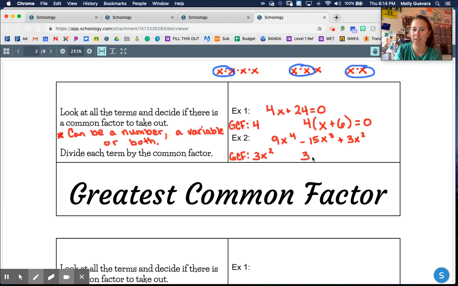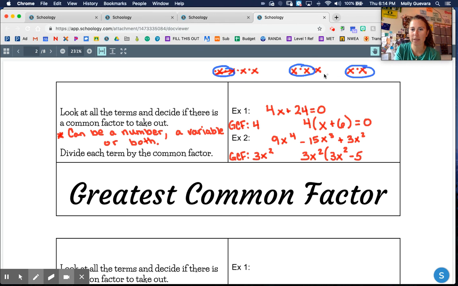So when I write this in factored form, the 3x squared comes out. And then on the inside, I just write everything that's left. So 9 divided by 3 is 3. I had 4 x's, but I took out 2, so I'm left with 2. So 3x squared. And then negative 15 divided by 3 is negative 5.